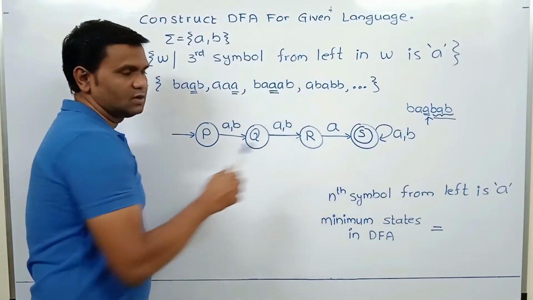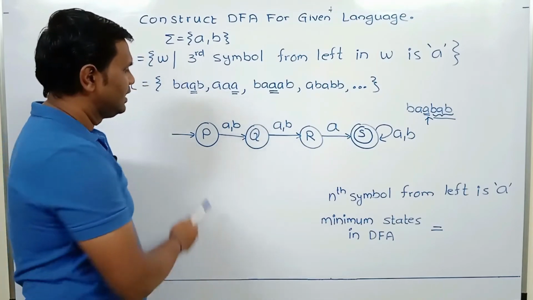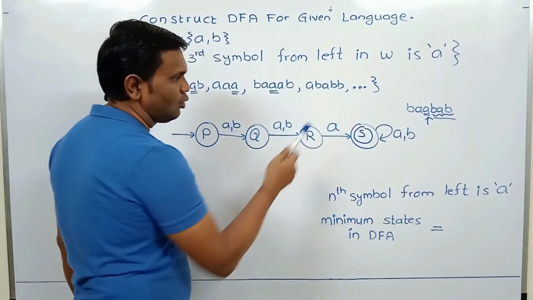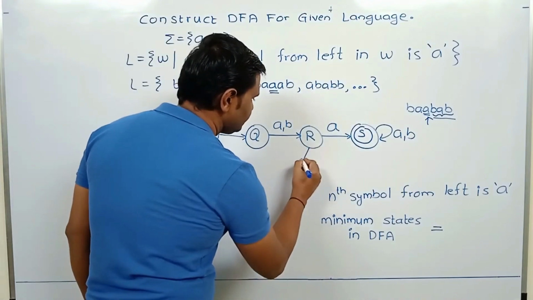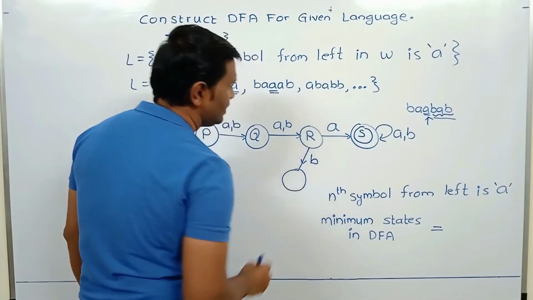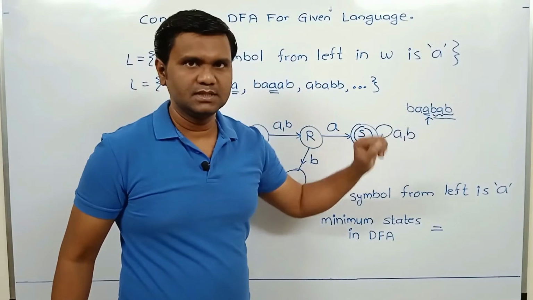So this DFA is not complete. We have to handle every symbol at every state. Here we have handled A and B, here A and B, here we have handled only A. So we still have to handle B. So what if B comes? Now if the third symbol from left is A, we must accept the string.